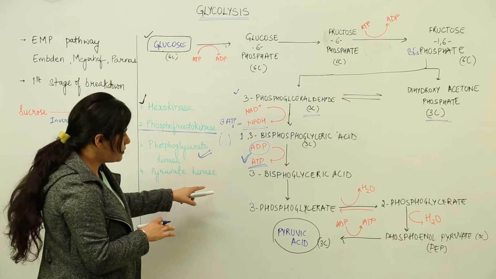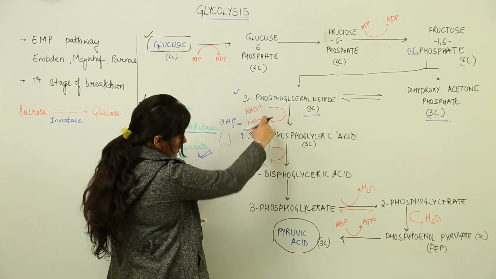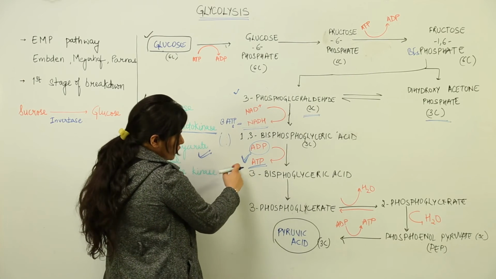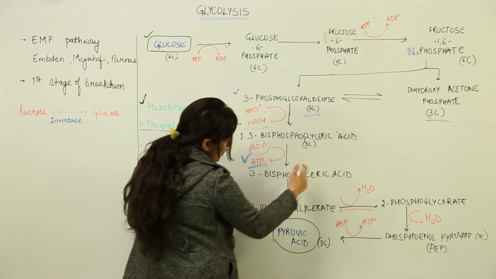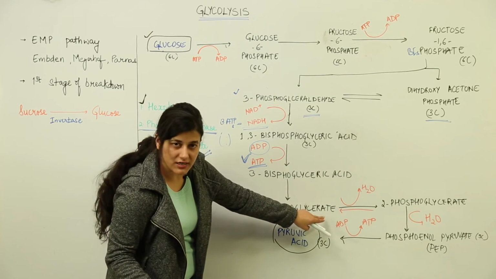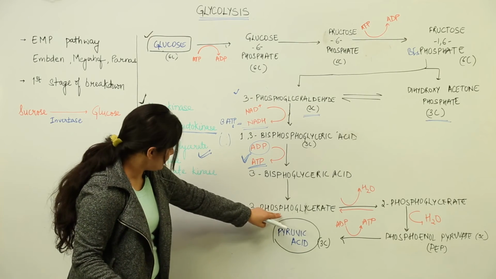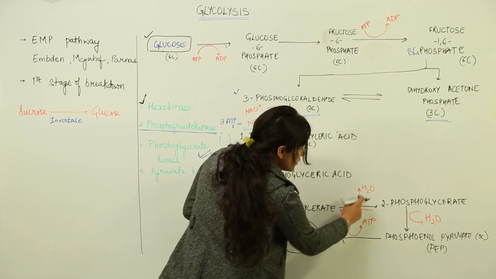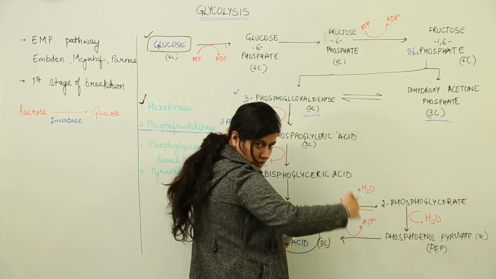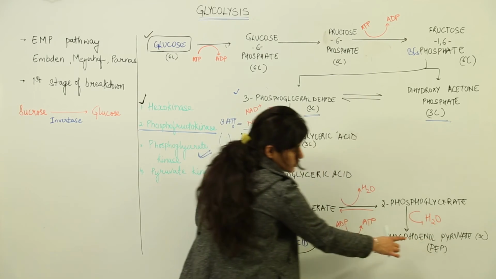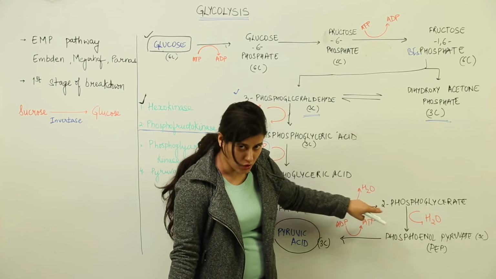If I am not, I am going to repeat it, but for once you need to know that one was the energy generating step. The next step which follows has given rise to another ATP. Then comes 3-phosphoglyceric acid, which gets converted to 2-phosphoglycerate, and as soon as it is formed, it is easier for it to lose a water molecule and get converted into PEP, that is phosphoenol pyruvate, in two simultaneous steps where it loses water molecules.